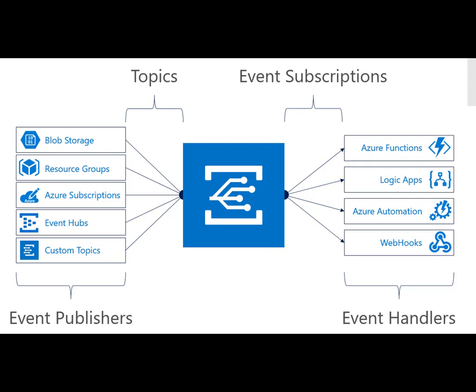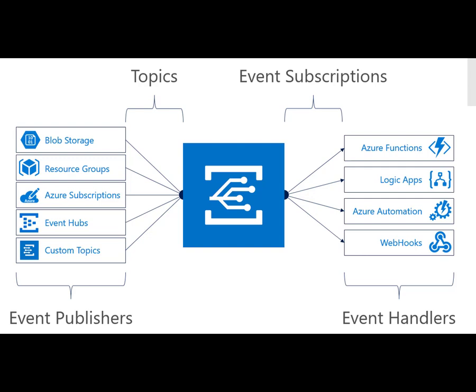And that's where the newly announced Event Grid comes into play. Think of Event Grid as a platform that is throwing events at you if some underlying infrastructure resource changes.